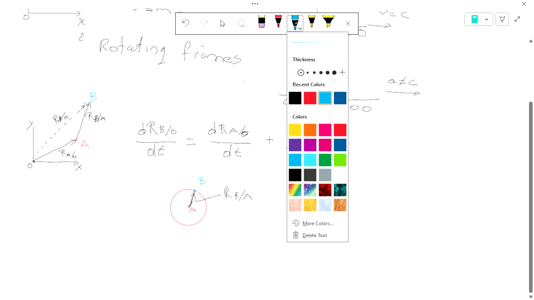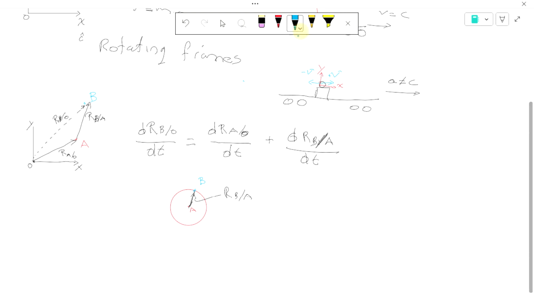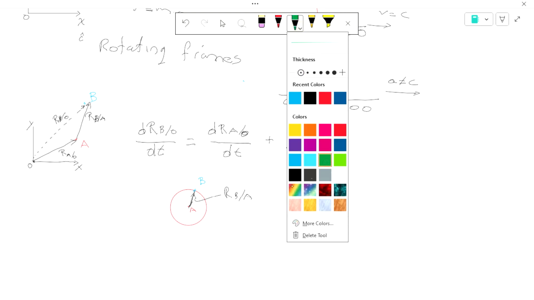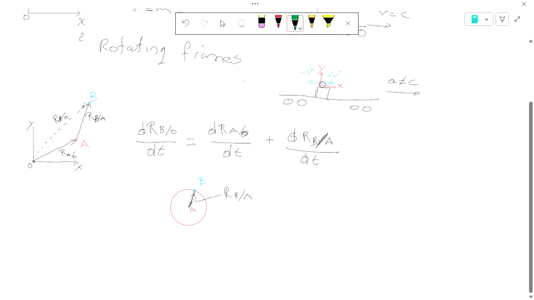And then allow me to characterize these even further. We're going to use, what color can we use? Is green, are we able to see green? Let's see. All right, and we're going to have an x prime and a y prime. So when this is rotating, when B is right here, then x is going to be the radius and y is going to be perpendicular.